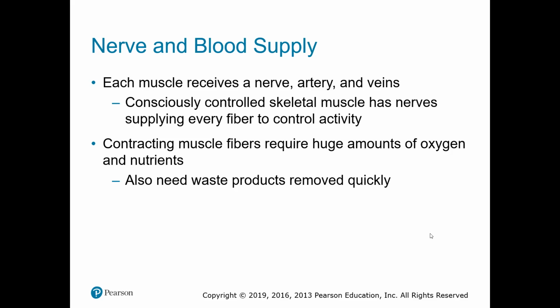Where we have even greater control, though, is how many muscle cells in the muscle are we going to contract? We can't tell the cell to only contract a little bit. We tell the cell to contract fully. How many cells do we need to use to get something done?